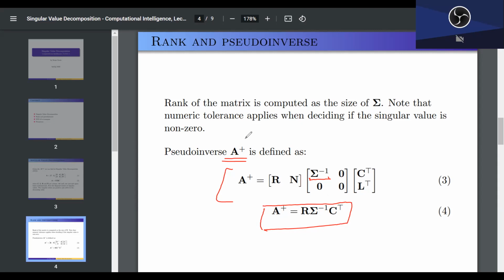And by the way, this is how a pseudo inverse is actually computed. You would think that what I'm showing you here is just some smart formula. No, it's not. That is how MATLAB computes it. This is how MATLAB computes the pseudo inverse.